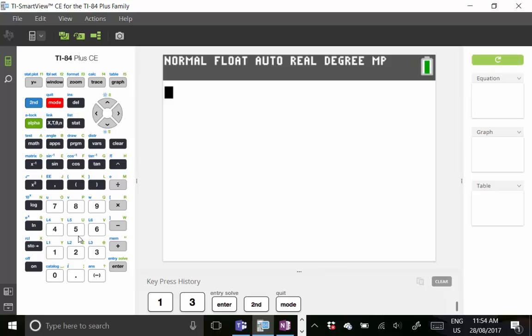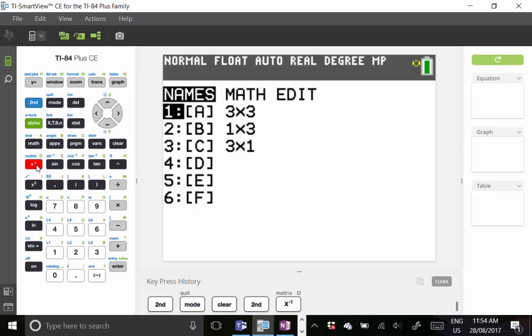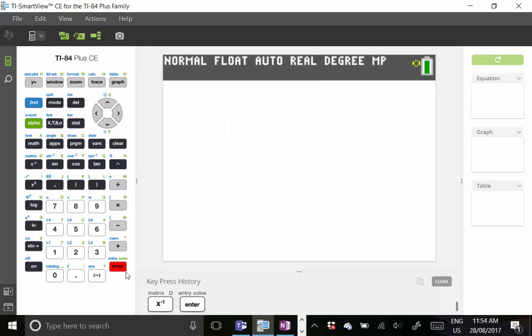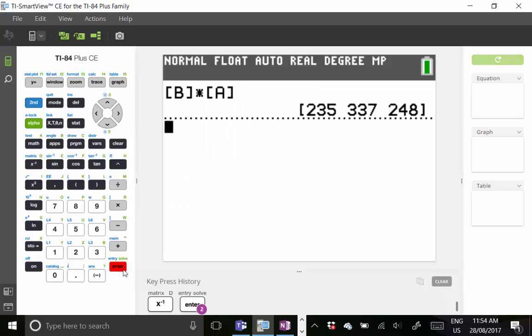So let's do the first one. Having trouble with my calculator, you guys. Just clear that. So matrix C, and then the first one is B times A. And you can check this by hand.